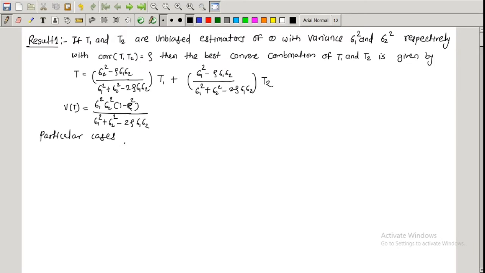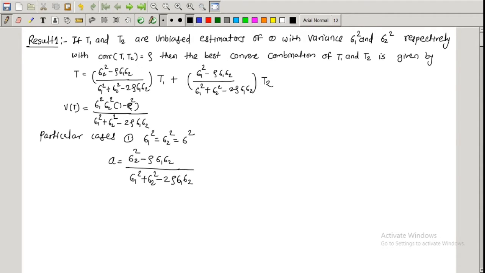In the first case, we take sigma 1 square equal to sigma 2 square equal to sigma square. What is the value of A? A has the formula sigma 2 square minus rho sigma 1 sigma 2 divided by sigma 1 square plus sigma 2 square minus 2 times rho sigma 1 sigma 2.